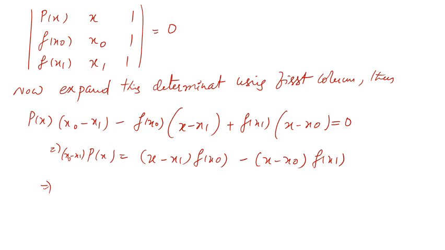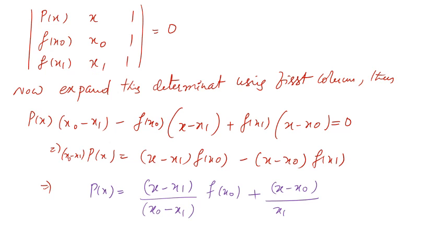So from this, P of x equals x minus x1 by x0 minus x1 into f of x0 plus, next one, x minus x0 by x1 minus x0 into f of x1, isn't it, right? This is x0 minus x1, as usual, no change here. Here minus is common in the denominator, so taken to plus. This is our next formula.